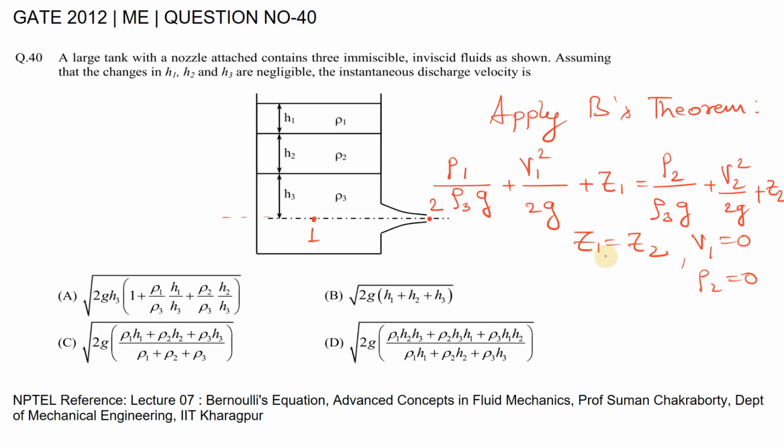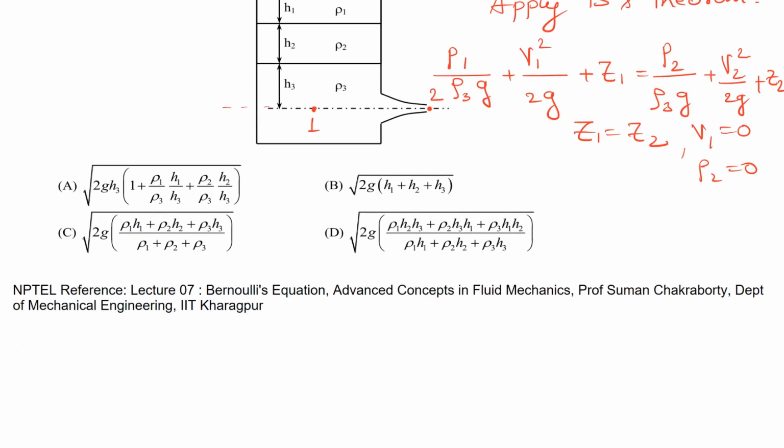Now if we substitute all this, the equation becomes P1 upon rho 3 G plus 0 is equal to 0 plus V2 square upon 2G.